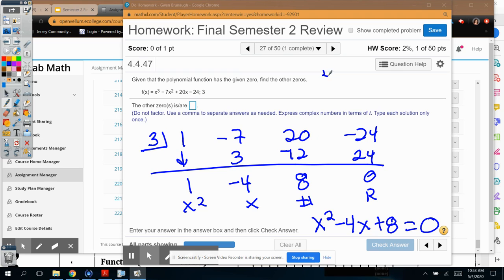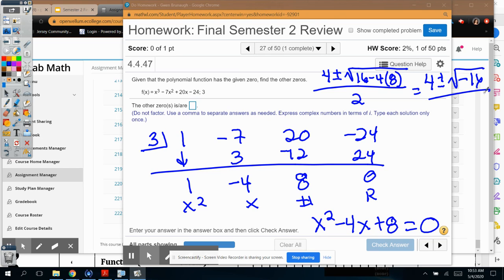X equals -b plus or minus the square root, b squared minus 4ac, that's going to give me an i, all over 2a, which is 2. 4 plus or minus 16 minus 32 is -16 over 2. And then we love math, okay? So this is 2 plus or minus -16 under the square root is 4i. 4i over 2 is 2i.